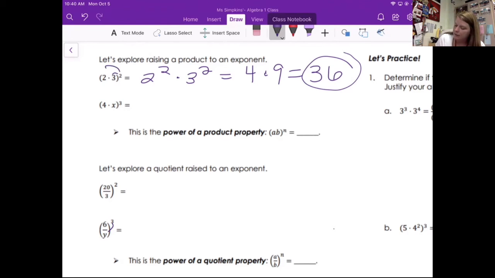So the next one, we're giving a 3 to a 4 and an x. So 4 to the third and x to the third.